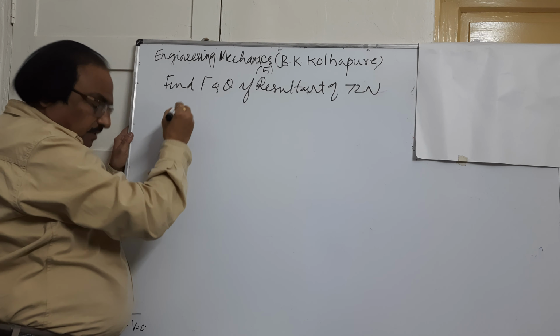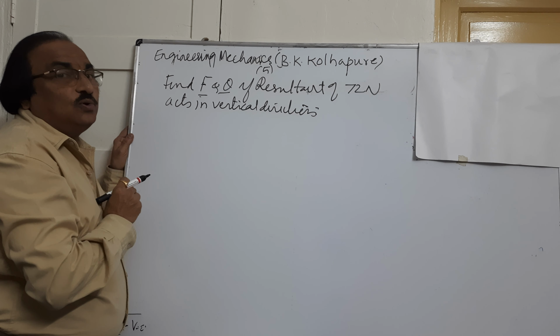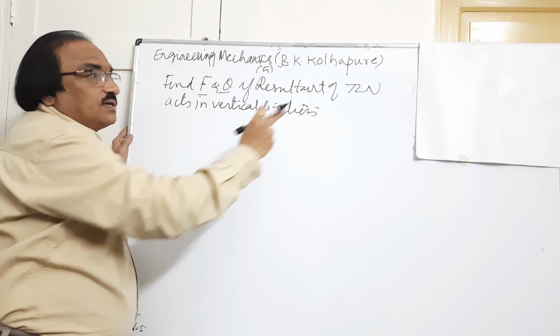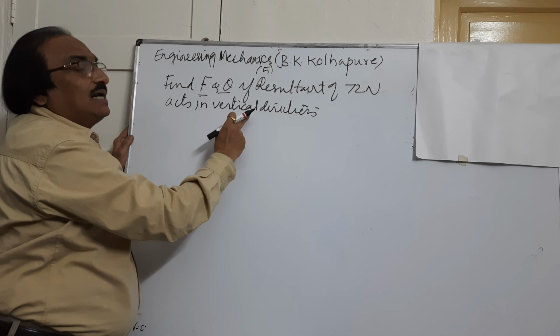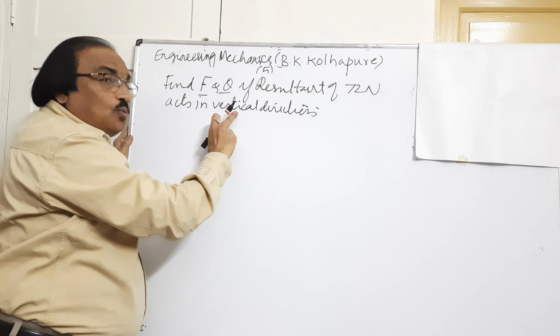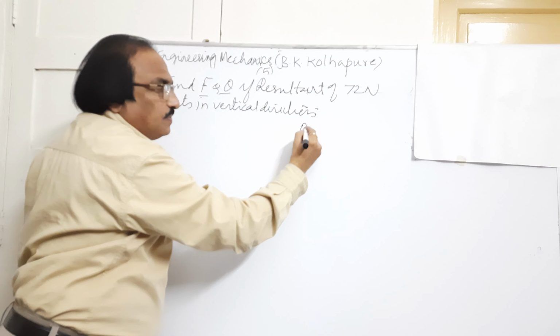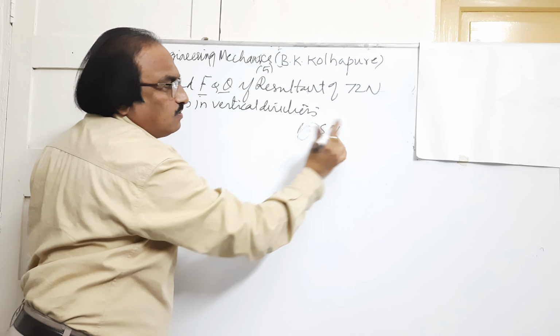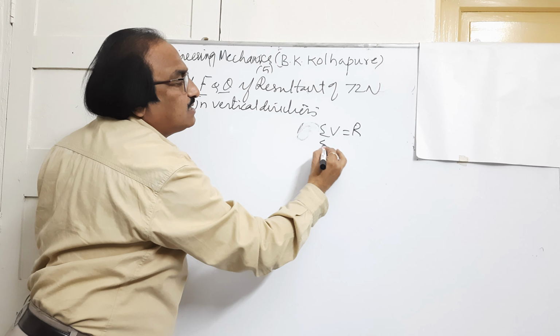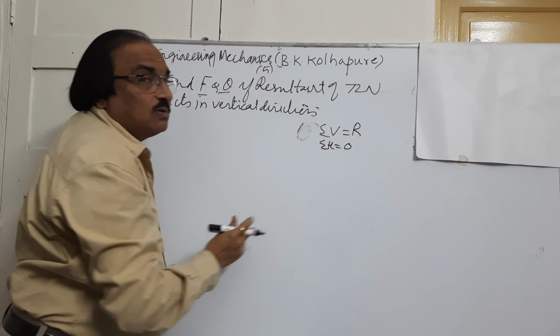So there is a system of forces in which one of the force and angle is not known to you, but resultant is given. The resultant of 72 Newton acts in vertical direction. How is the resultant? Vertical. So you get a principle R is equal to sigma V, or sigma V is equal to R. That means sigma H must be equal to 0.